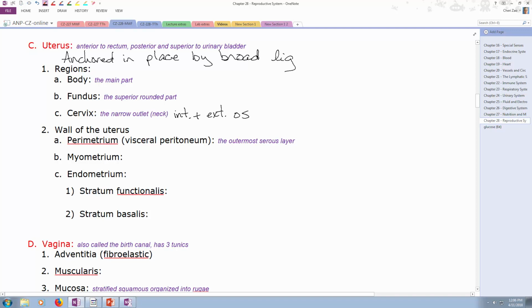Now an os is an opening, so it's Latin for opening. You may have taken medical terminology, for example, PO, per os. And that typical opening that they're referring to is the oral cavity, but this is the cervical opening here. Internal and external os with a canal, cervical canal, in between.